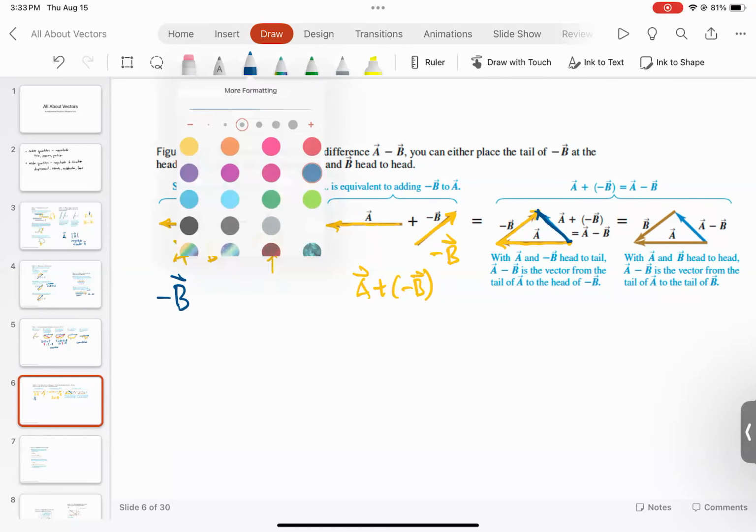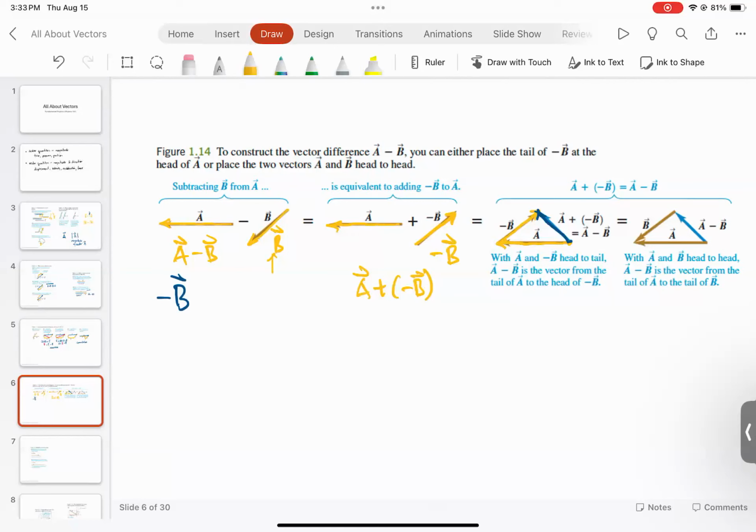Similarly, vector B can come first, and then vector negative B, and then you add vector A to get the resultant vector A minus B. Another way to do it is by joining the heads of the two vectors.